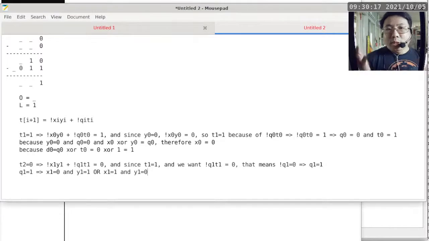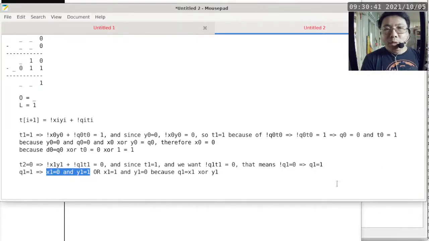You can quote the letter of the rule, that makes it a little bit faster, but I'm just going to write this entirely here because Q1 is x1 exclusive OR with y1. That is the reason why we know it has to be one of these two. So it's either this one or this one here.